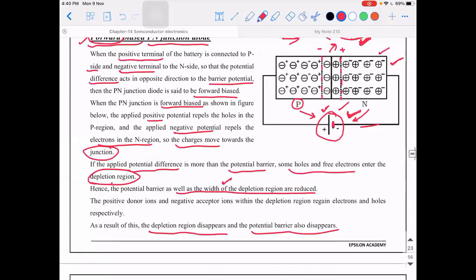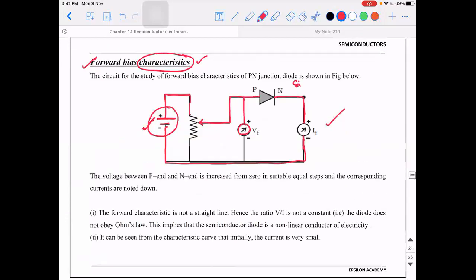Generally, when you connect an external source, let's say the knob is at 0. When the knob is at 0, will this PN junction diode be able to conduct? Obviously, no. If I keep increasing it to 0.1, 0.2, 0.3, 0.4, till what point will you see that this PN junction diode will struggle to conduct?